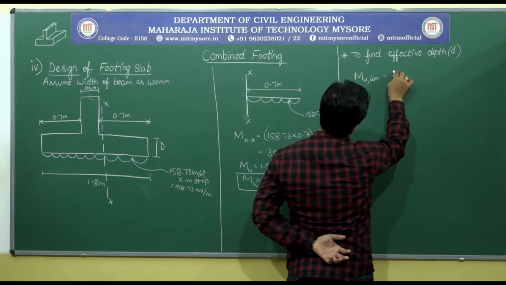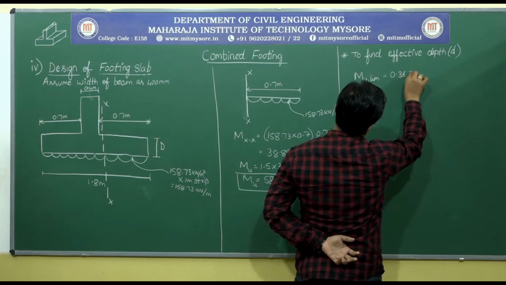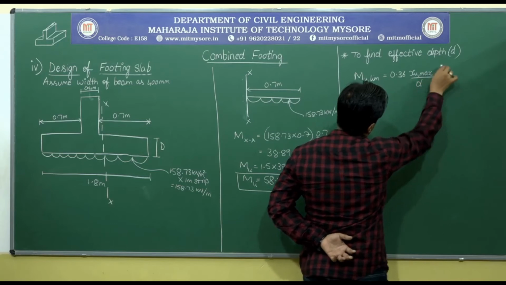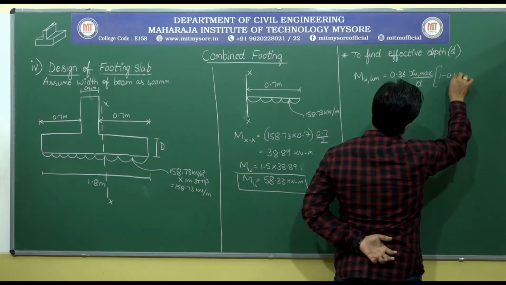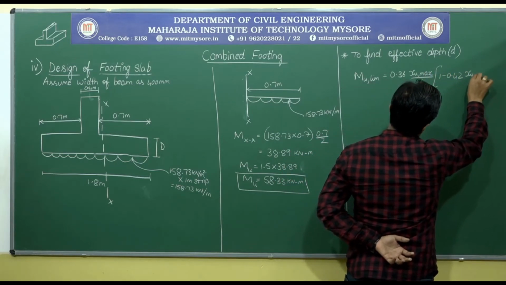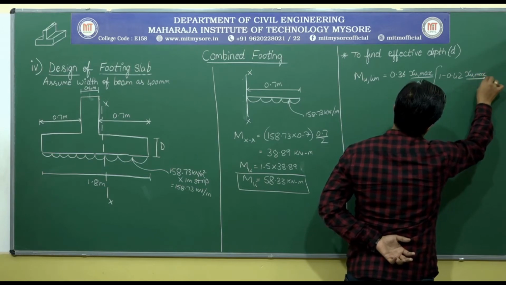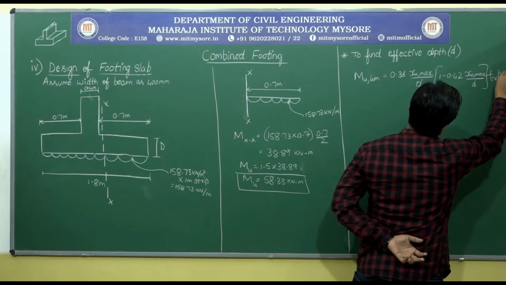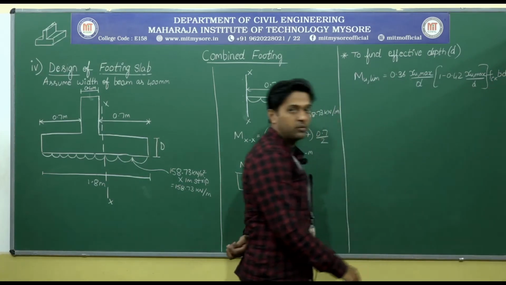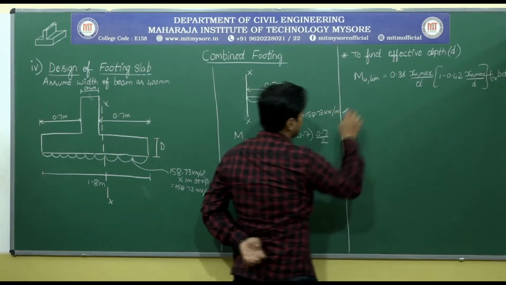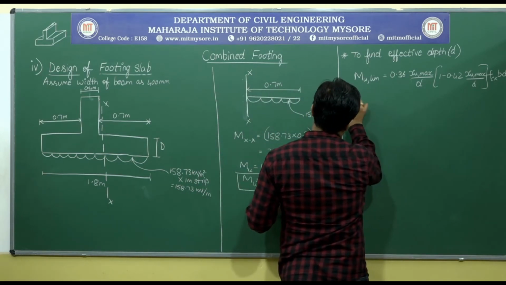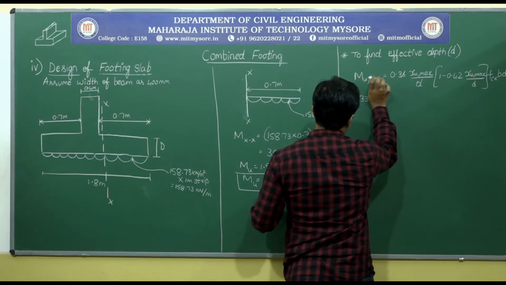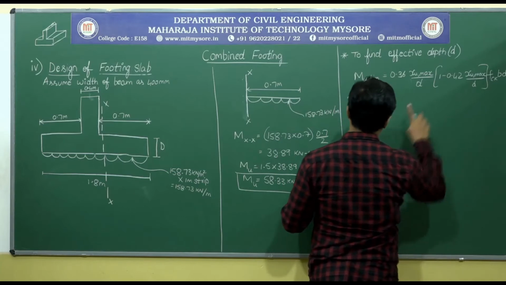MU limit is equal to 0.36 XU max by D into 1 minus 0.42 XU max by D into FCK BD square. Yes or no? So now, what is the value of MU limit? Let me substitute this value, 58.33 kilonewton meter. I will be converting this kilonewton meter into Newton mm.